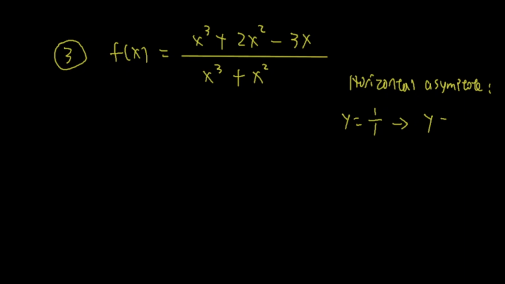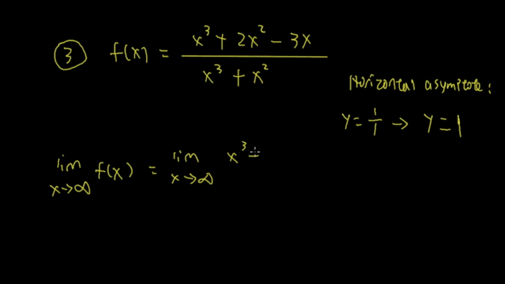Now, let's take the limit as x approaches infinity on both sides of this function and see if we get the same answer. Limit as x approaches positive infinity of (x cubed plus 2x squared minus 3x) divided by (x cubed plus x squared).